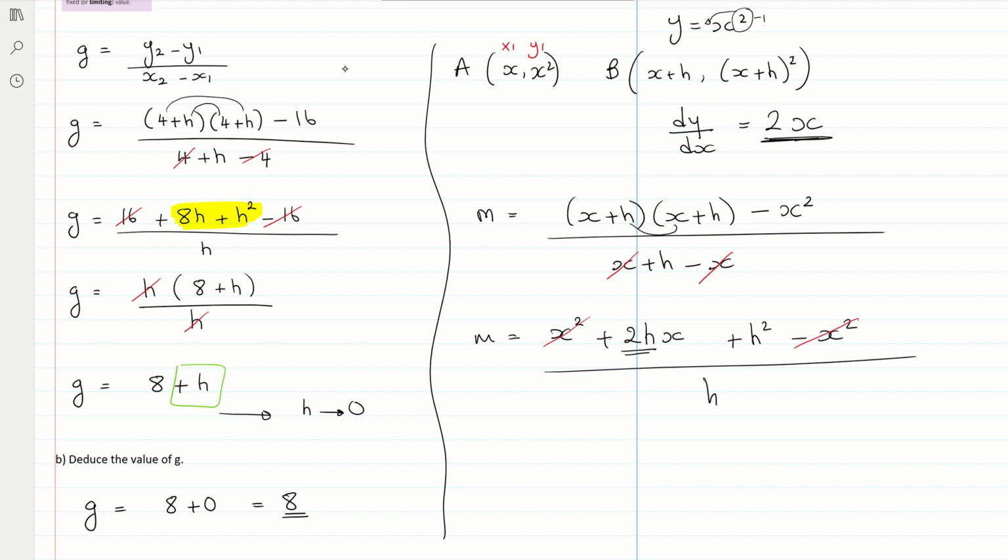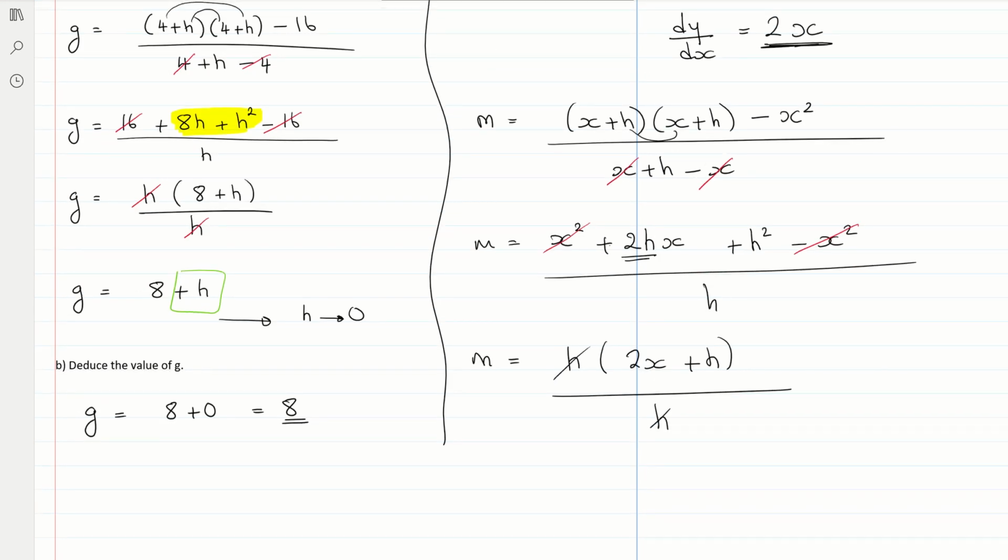I end up with 2hx plus h squared. I'm going to factorize the h out, so I get h(2x plus h) over h. These two cancel, so the gradient is going to be 2x plus h.